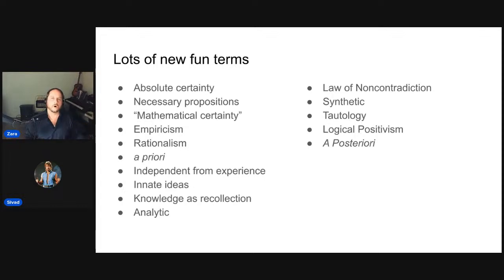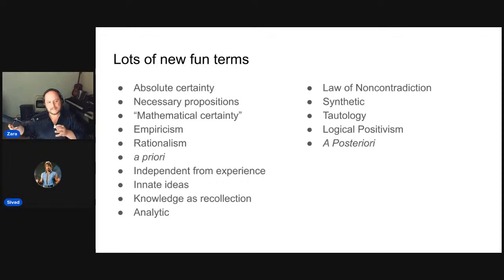Something like all bachelors are unmarried men might be an analytic statement, or the internal angles of a quadrilateral are the same as the internal angles of a circle. They add up to 360 if we're going to talk in degrees. Something like that might be analytic. It's true or not true based on the use of the words alone. So something could be analytically false or analytically true.